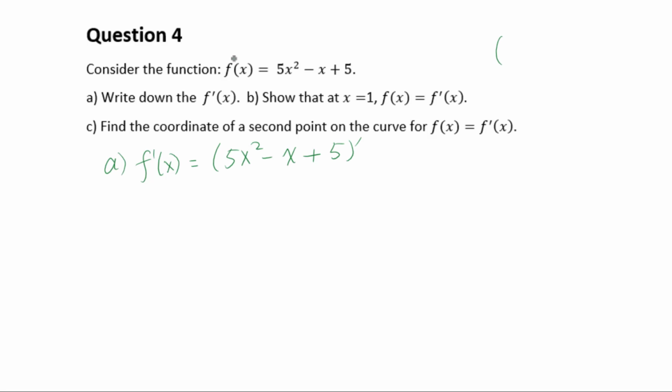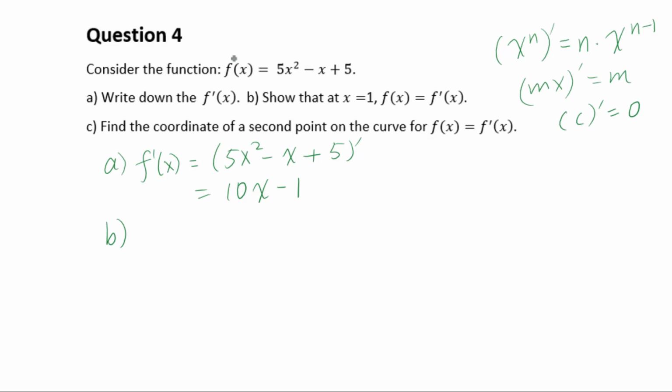We will use the power rule of derivative. x to the nth power, prime, equals n times x to the n minus 1 power. mx prime equals m. c prime equals 0. So we have 10x minus 1.